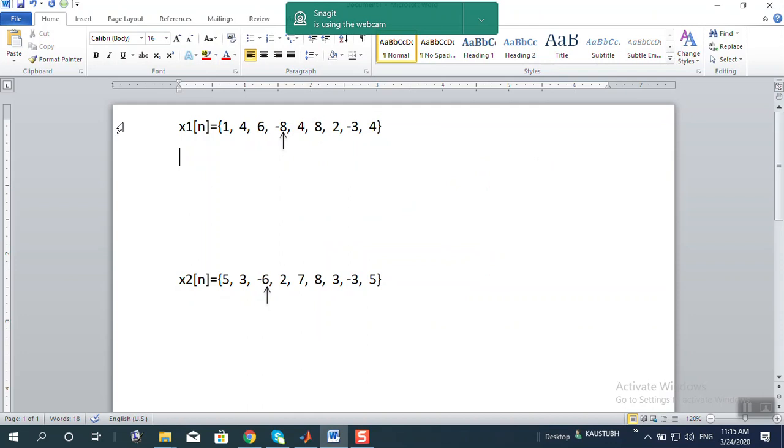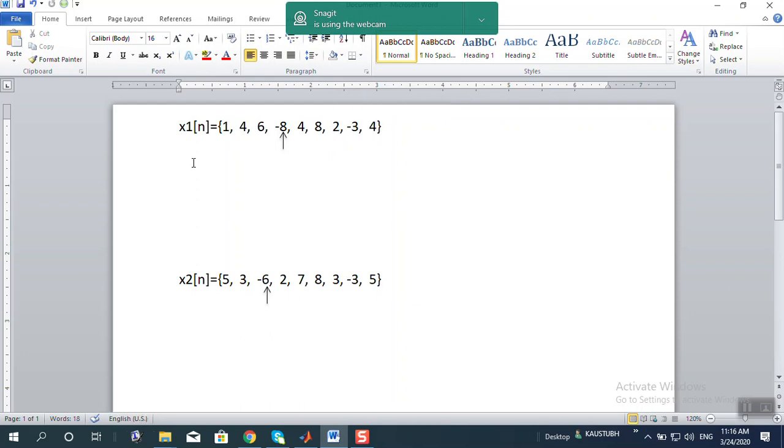For example, this is my x1 of n, where this -8 occurs at 0. So the 6 is at -1, 4 at -2, 1 at -3. This plus 4 is at +1, this is at +2, this 2 is at +3, -3 is at +3, and 4 is at 4.